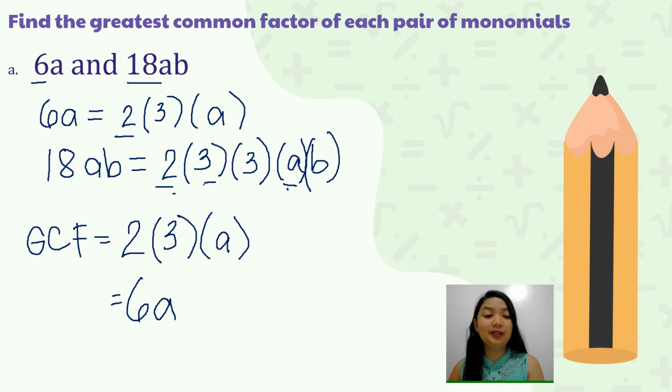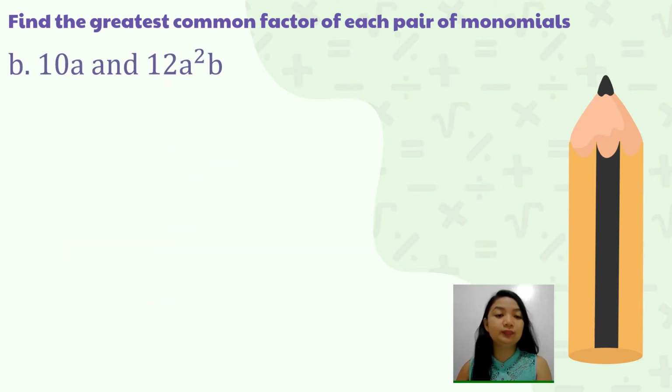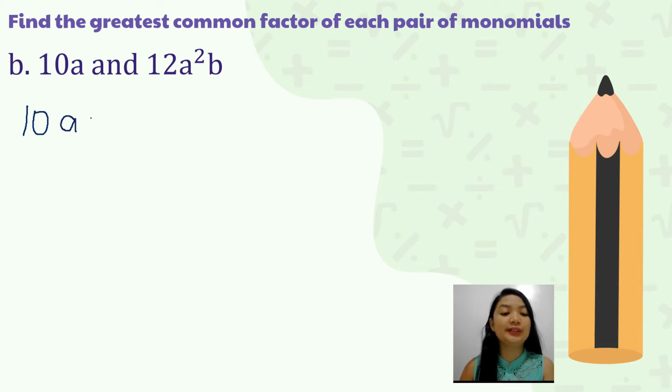Let us have another one. In this example, we have 10a and 12a squared b. Again, let us get the factors of 10a. 10a can be subdivided into 2 times 5 times a.